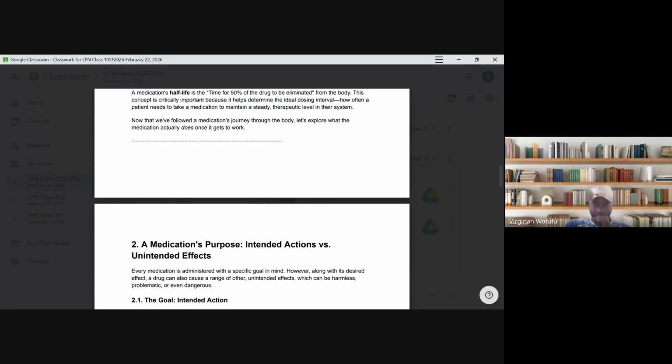So it helps in the dosing, right? If the half-life of a medication is 2 hours or 4 hours, that's why we have medication given every 2 hours, every 4 hours, every 8 hours, or 16 hours, right? This is an important aspect because of the half-life. If it takes 2 hours or 4 hours to eliminate half of this medication from the body, we have to reintroduce or give another dose to maintain the therapeutic effect of that medication in the body. Correct?